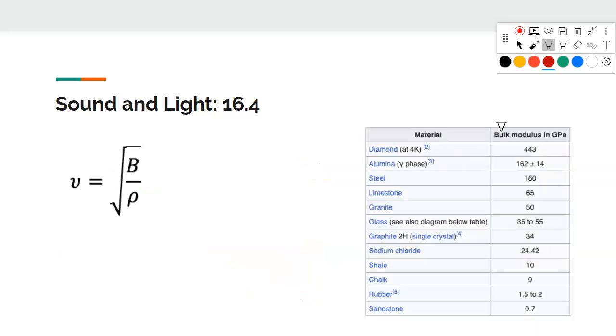If we want to understand why that is, we have to look at a slightly different formula, which is that the velocity is the square root of the stiffness over the density. This thing, for a fluid, we call the bulk modulus. I know these are scary names, but for a solid, we call it the Young's modulus.